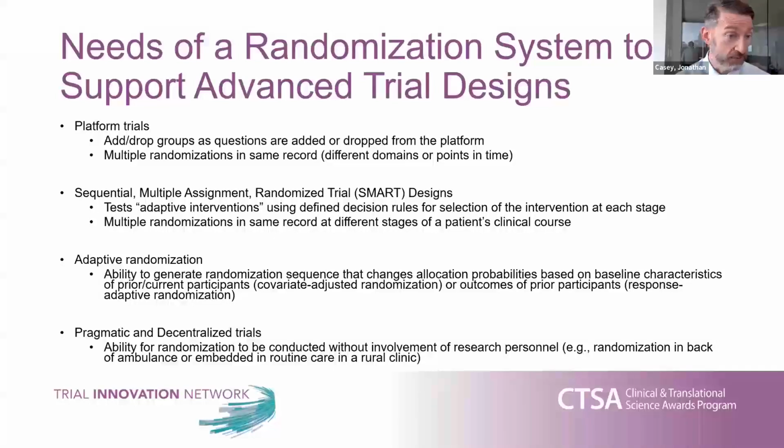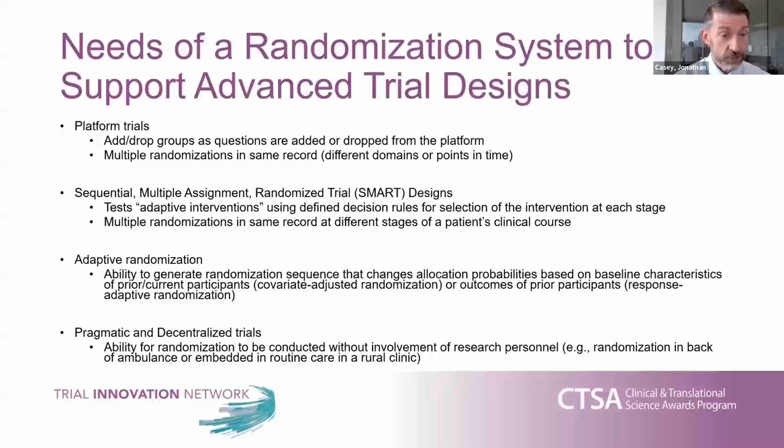There is a related type of trial called a sequential multiple assessment randomized trial, a SMART design. These designs are trying to test adaptive interventions using defined decision rules for selection of the intervention at each stage. And these inherently require multiple randomizations in the same record at different stages of a patient's course.